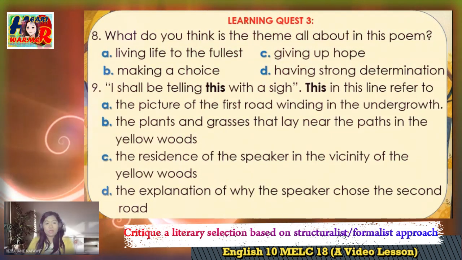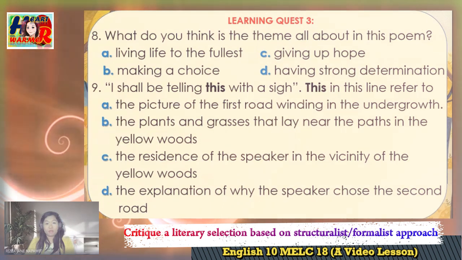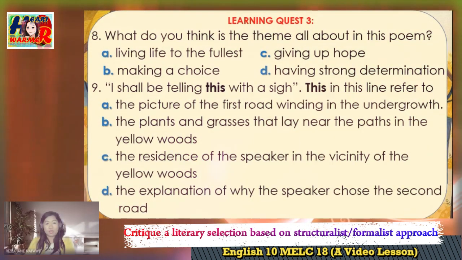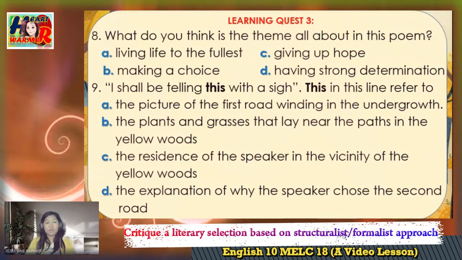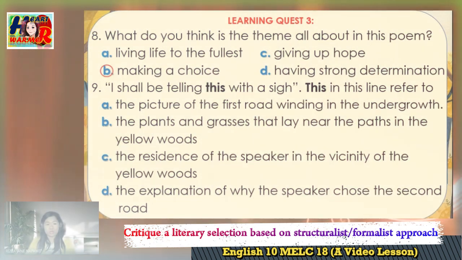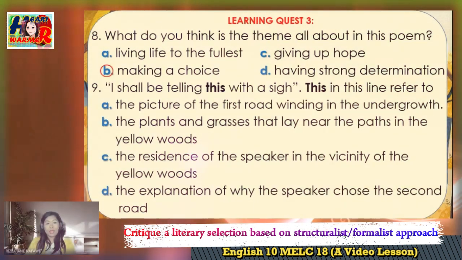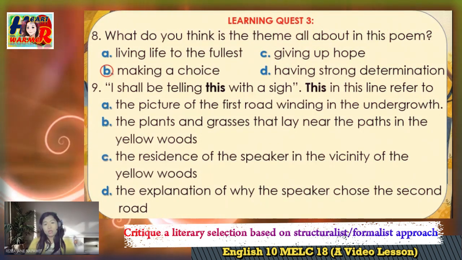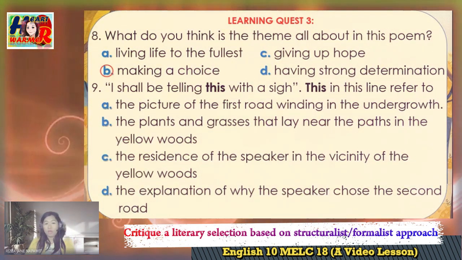Number 8. What do you think the theme is all about in this poem? Is it living life to the fullest, making a choice, giving up hope, or having strong determination? So it is about, obviously, B, making a choice. Number 9. I shall be telling this with a sigh. This in this line refers to what?